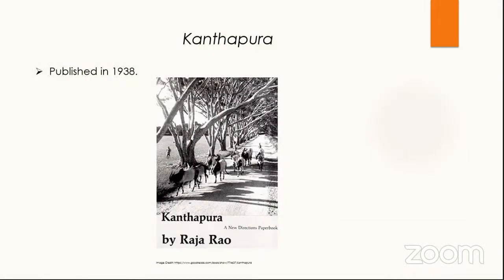Now, the last section of this unit deals with the concepts of nation and nationalism in Kanthapura. We have discussed nation and nationalism in the previous sessions also. But basically, the gist of this is that individual differences are secondary. What is primary when you talk about nationalism is the greater idea of the nation.